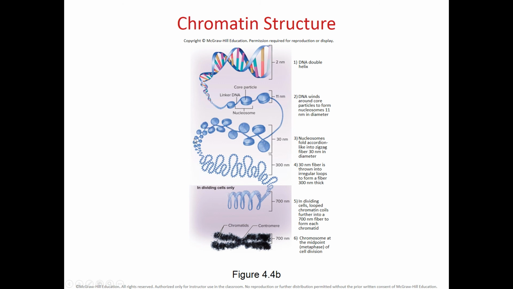And if you keep wrapping it, you will form a 300 nanometer fiber, and this one will form irregular loops, and then you keep wrapping it more and you form a 700 nanometer fiber that is going to be further coiling until you form these actual complete chromosomes. Now the chromosomes have these 2 structures that are called sister chromatids, and they join at the center of the chromosome, which is the centromere.